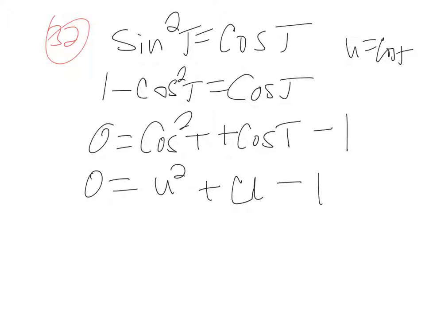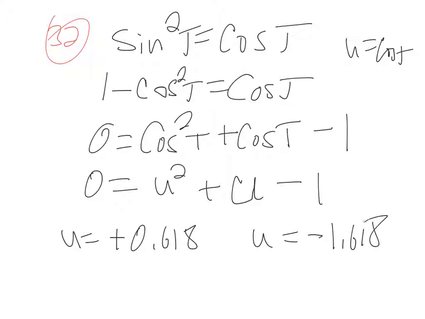That's what I'm going to do. I've got one built into my calculator here, and I've got a 1, 1, and -1. So this is telling me that u is equal to, actually, that's positive 0.618 and negative 1.618.